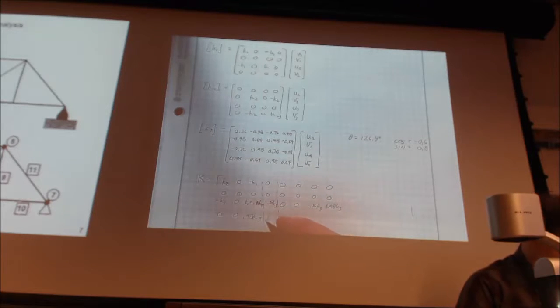Yes, that's the problem with writing these out. K2 plus 0.64 K3. This one is 0. This one is minus K2.